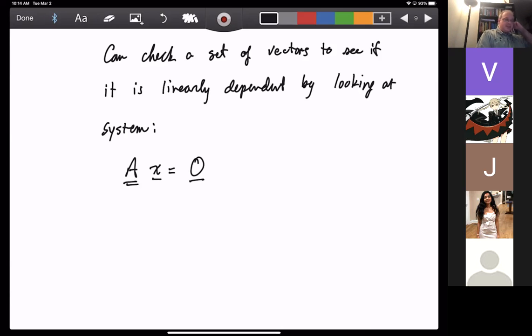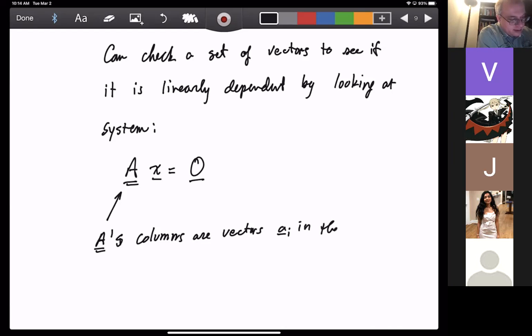So let's look at the system Ax equals 0, where this coefficient matrix A has as columns the vectors in the set you're trying to diagnose to see whether it's linearly dependent.